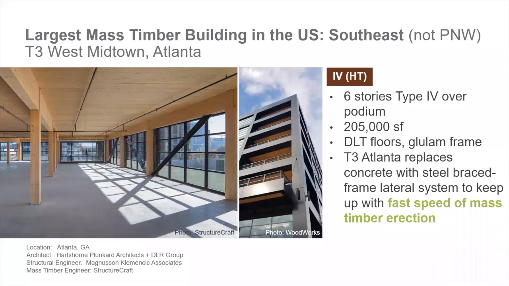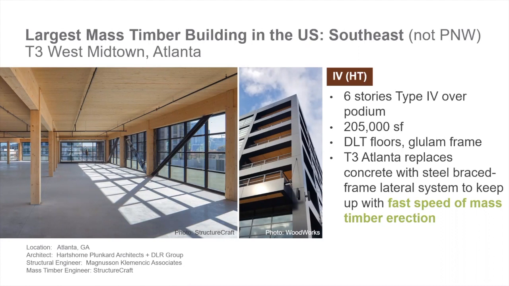This is the T3 West Midtown in Atlanta. The counterpart was the T3 building in Minneapolis, and this is another excellent Heinz building and one that is finally here in the Southeast. A big difference in the Atlanta T3 building that they did not do in the Minneapolis T3 building is that in the Atlanta building, they used a steel brace frame for their lateral system.